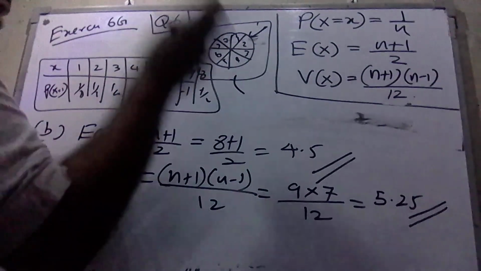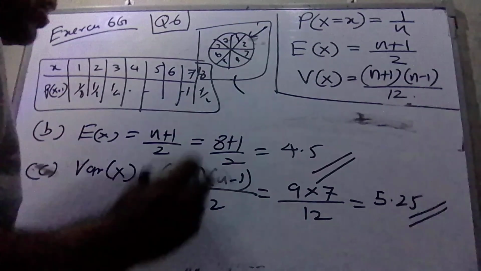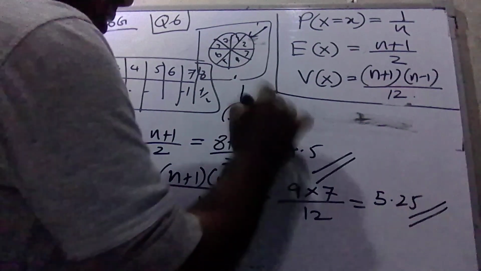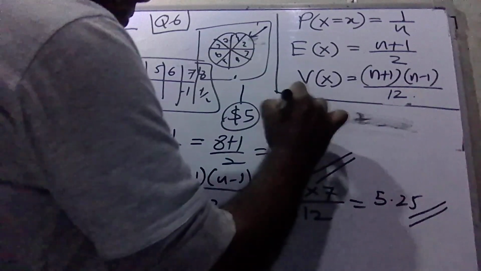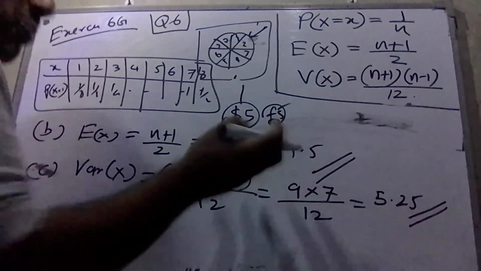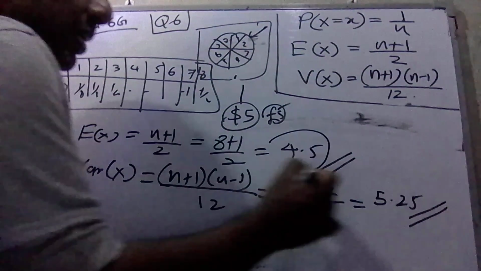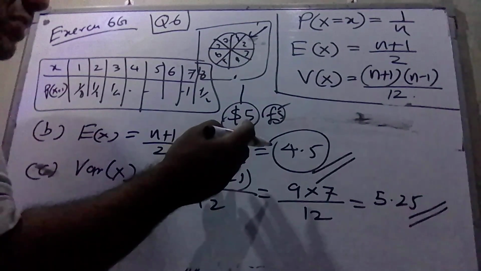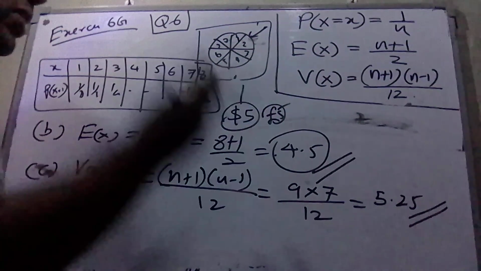Now in this case, to do this raffle or whatever, he has to pay £5 or $5 or whatever. So the expected value in the long run, we can expect only 4.5.